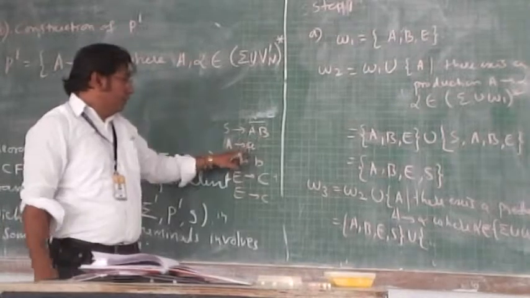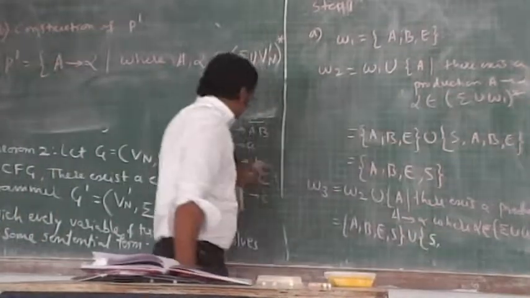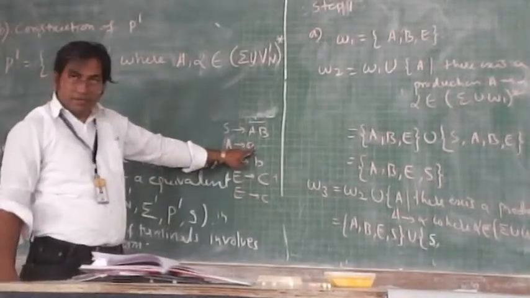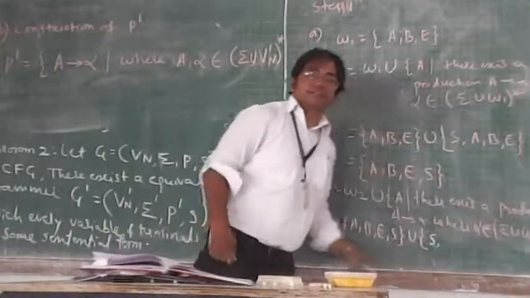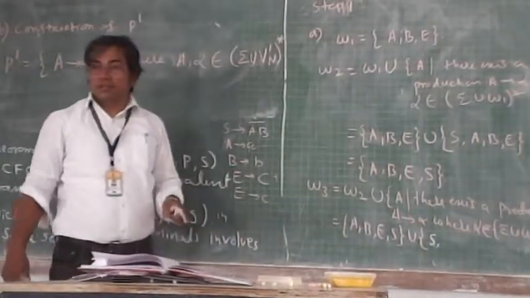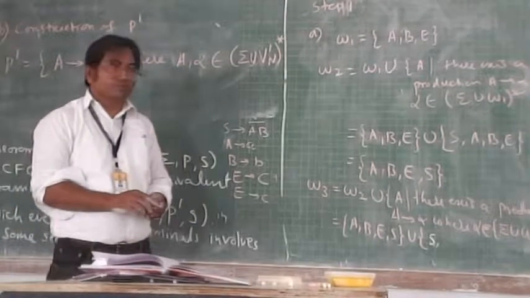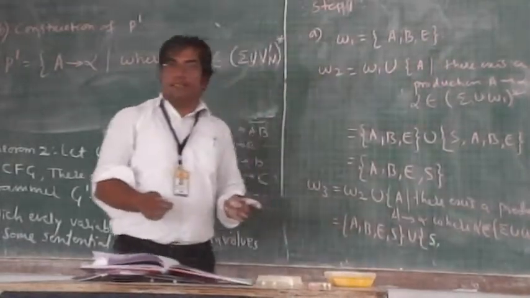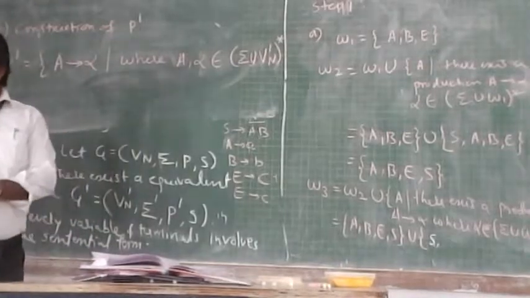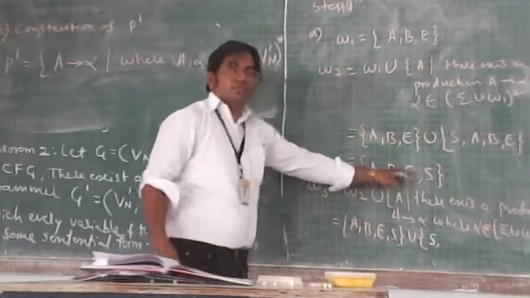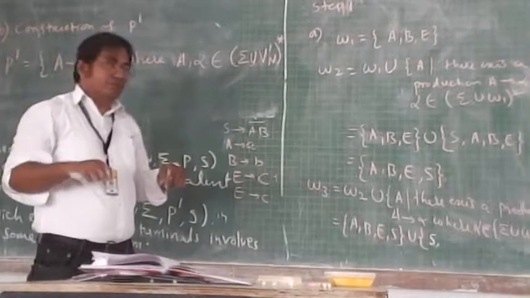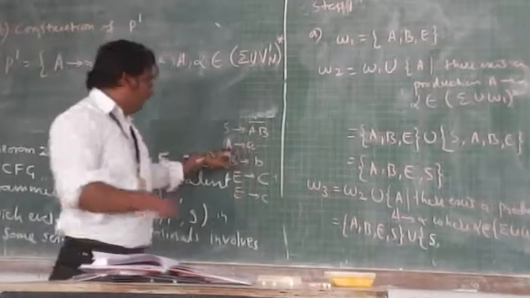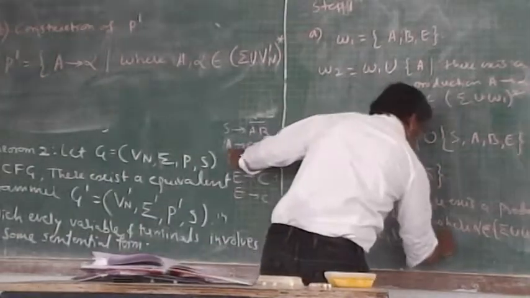Yes, it belongs, so I consider it. Does this A terminal belong to this particular closure set? What is the value of sigma? Sigma is A, B, C. W2 is A, B, E, S. Do the union and closure. Does that closure have this A symbol in it? Yes. Then on the left hand side of that production you have to include A.